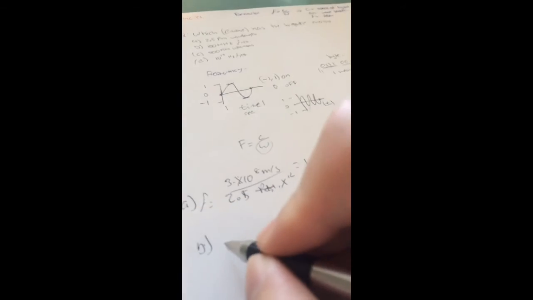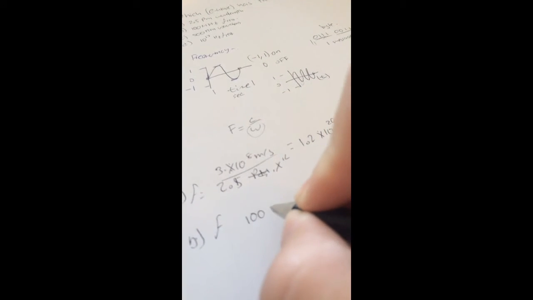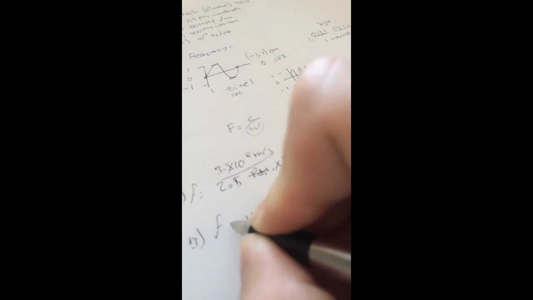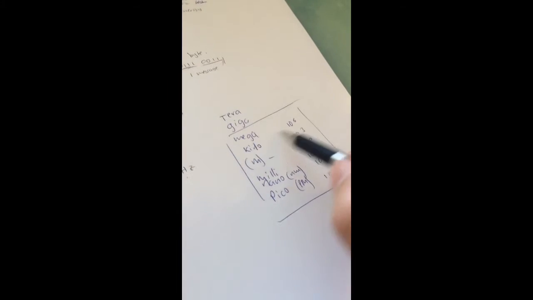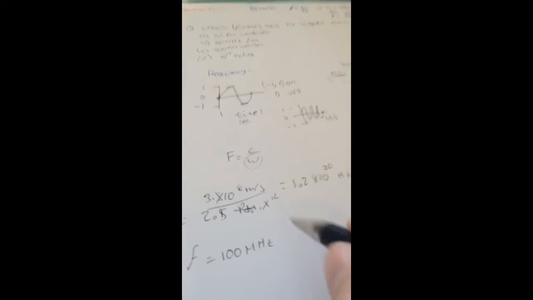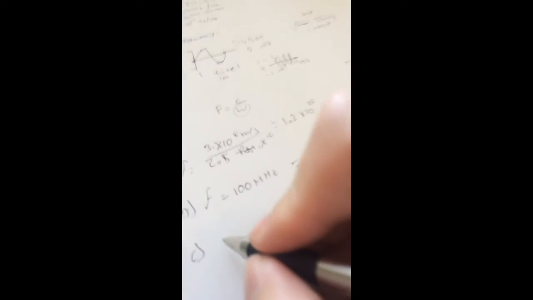For B, your frequency is 100 megahertz. Since it's already in megahertz, mega is 10 to the 6. So it's 100 times 10 to the 6 hertz. Your C is going to be 500.